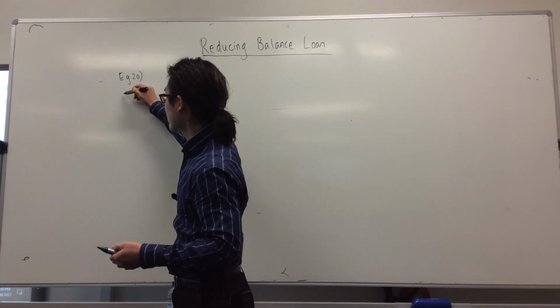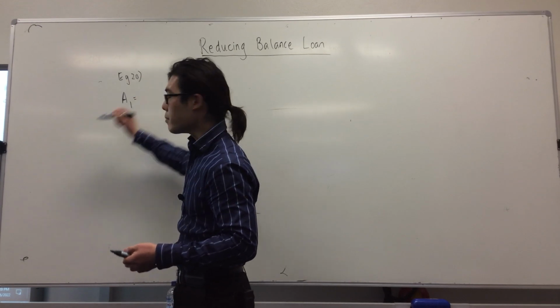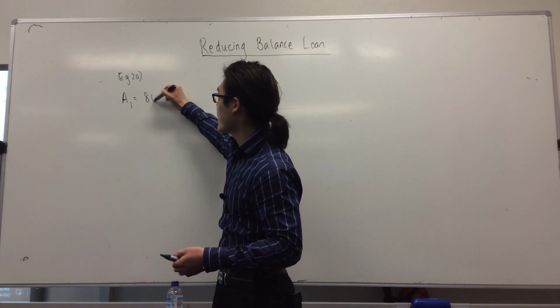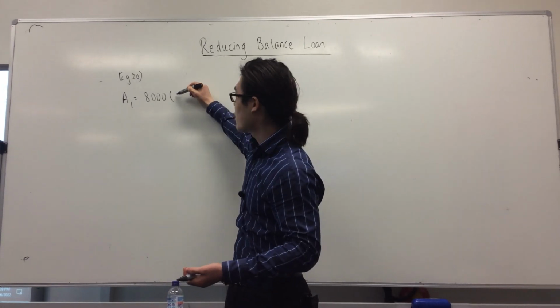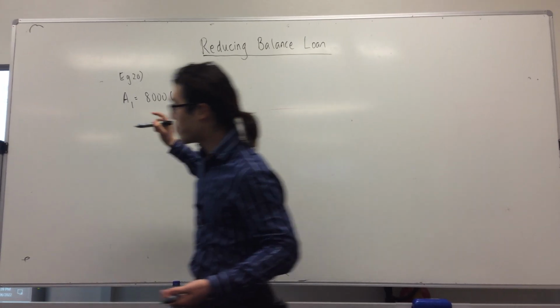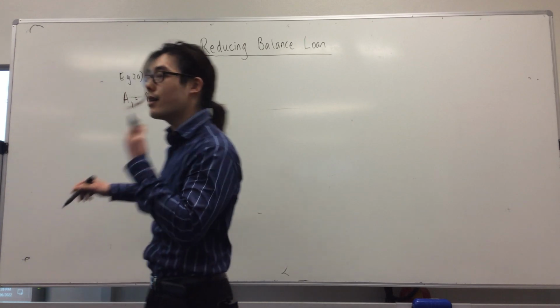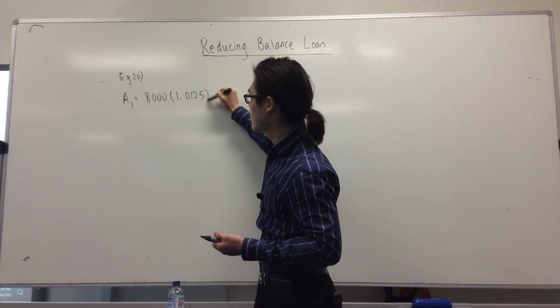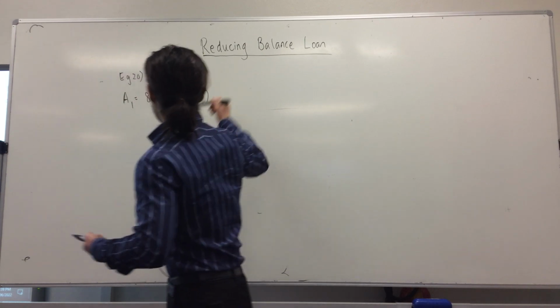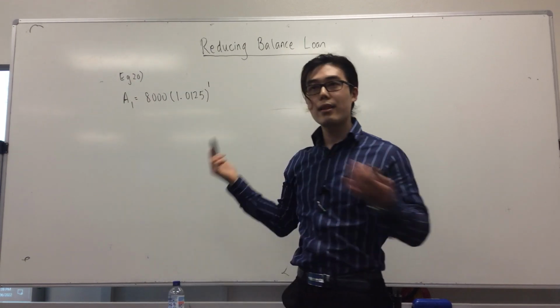So after 1 month, let's call that A1. With the 8,000, it's going to accrue interest. So using the same compound interest formula, that's going to be 1 plus 1.25%, which is 1.0125, I believe. Yeah, that's correct. And that's for that month.